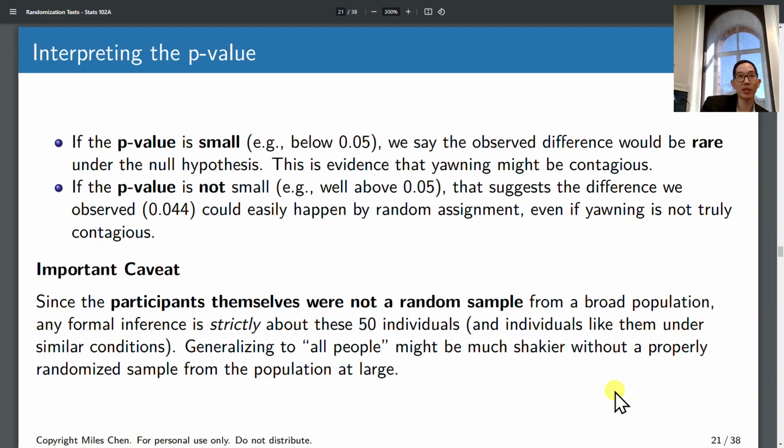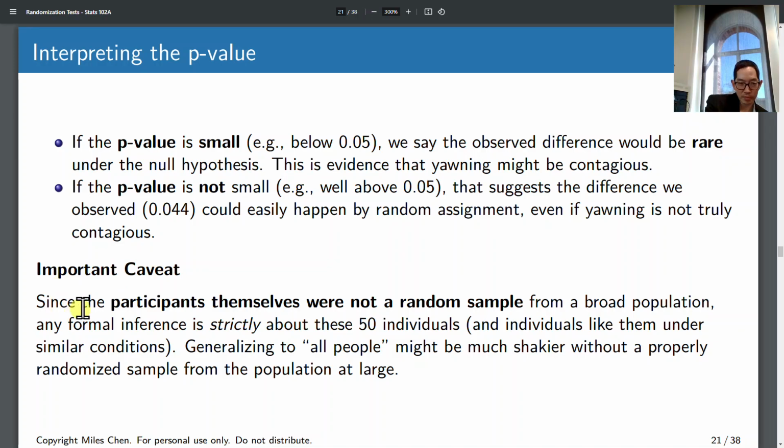And so the fact that we got this would provide evidence that yawning might be contagious. On the other hand, if the p-value is not small, some big number, then that would suggest that the difference we observed of 0.044 could have just easily happened by random assignment alone, even if yawning is not truly contagious, right? So this is how we're going to interpret our p-value at the end.